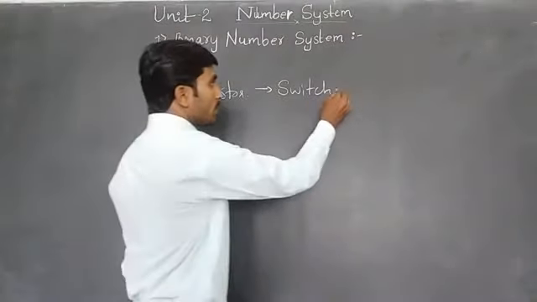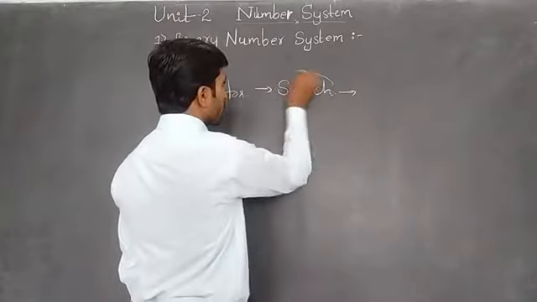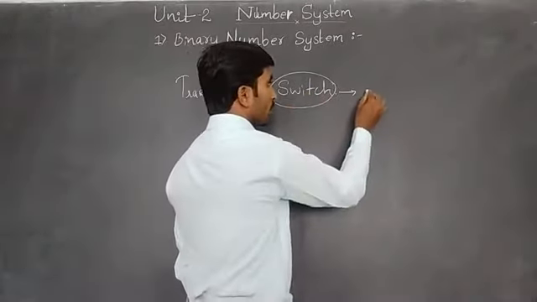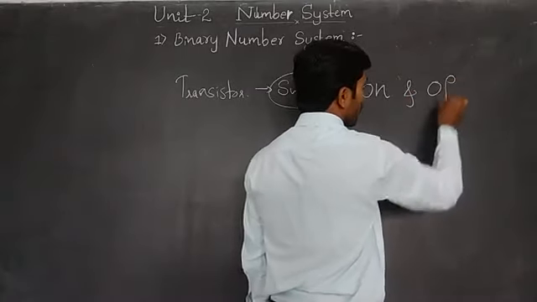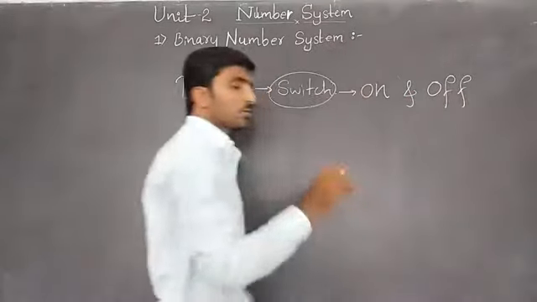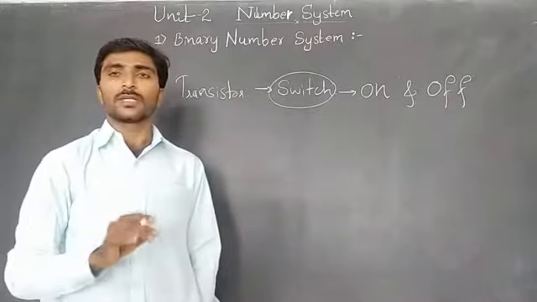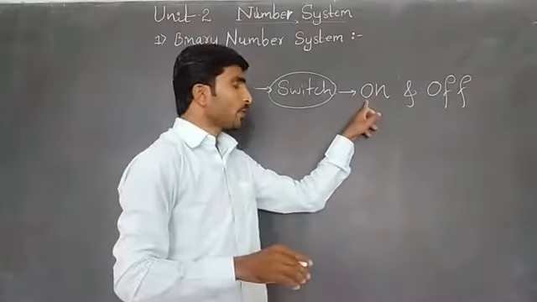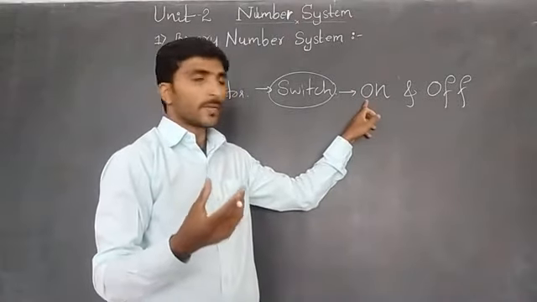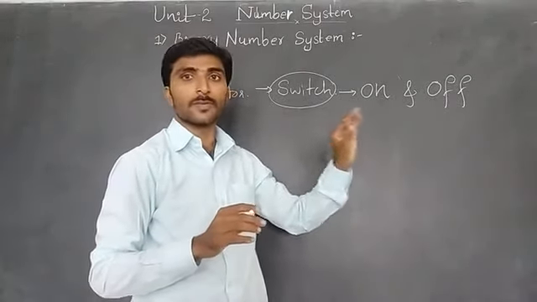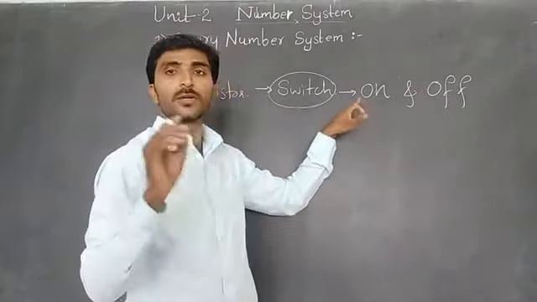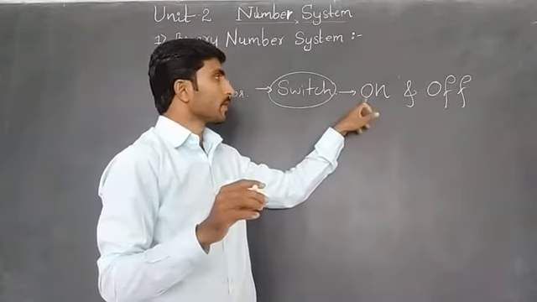This switch has two states, one is on and one is off. When you switch on, the bulb is on. When you switch off, the bulb is off. That is the normal meaning at home.